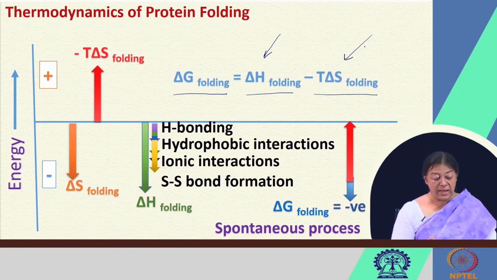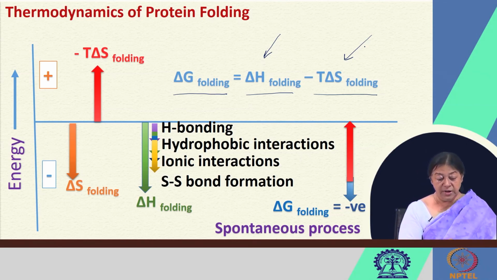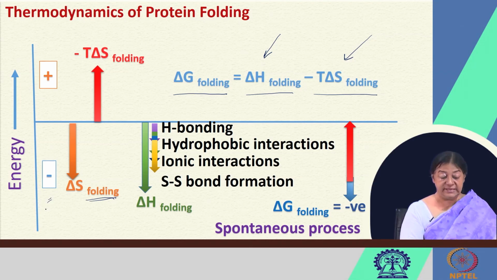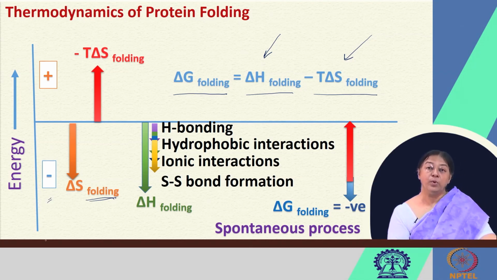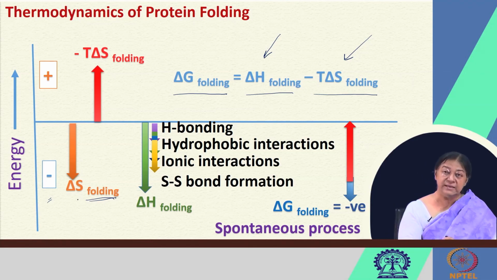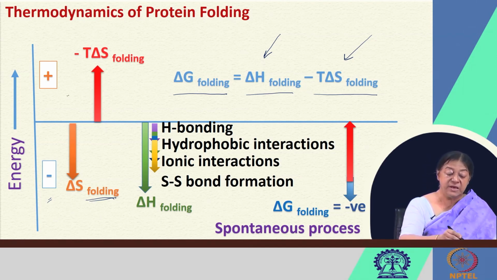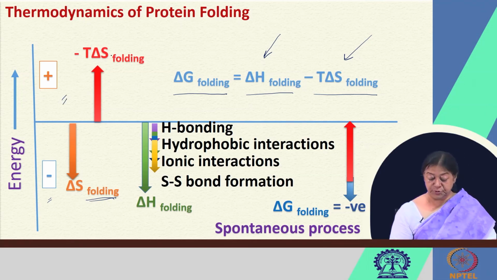So, if we look at the contributions here, when we are looking at a delta S of folding, we see that this contribution is negative, because we are going from a disordered to an ordered form. So, when we look at the expression in the minus T delta S, this becomes a positive quantity in the minus T delta S contribution.